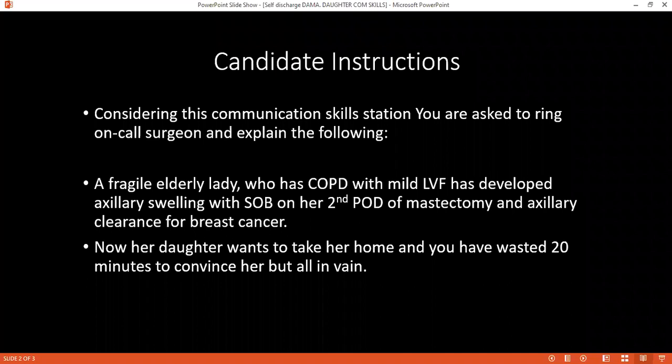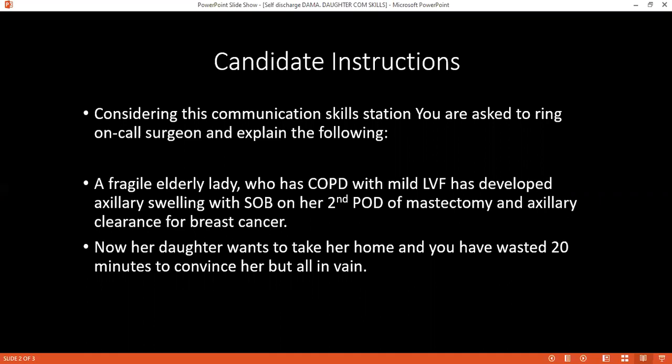Okay. Can you tell me what is the reason behind this axillary swelling, doctor? It's possible that the axillary swelling can be from an axillary vein thrombosis.